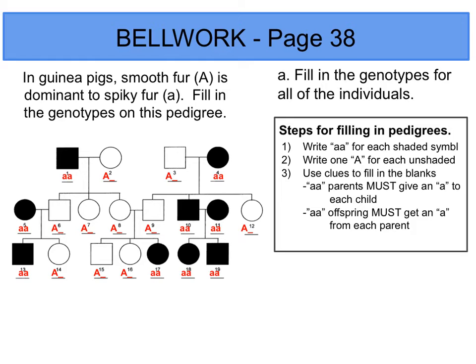And now we're going to fill in as many of these unknowns as possible using these two rules over here. The first rule is little a parents must give a little a to each child. So, for example, this little a dad can only give for his genetic contribution to his offspring a little a. So this dad would have to give a little a to his son, a little a to his daughter, and a little a to this daughter as well.